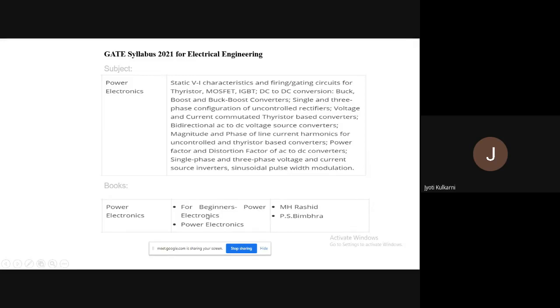There are two books to refer to. First is M.H. Rashid, for beginners, and second is Power Electronics by P.S. Bimbhra. Both books are very comfortable.